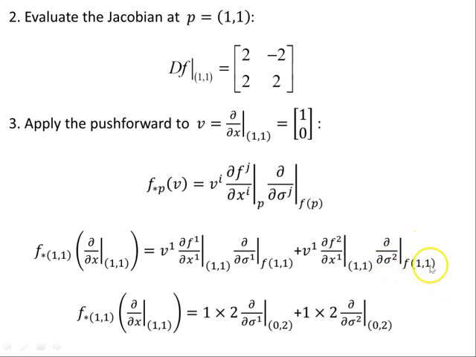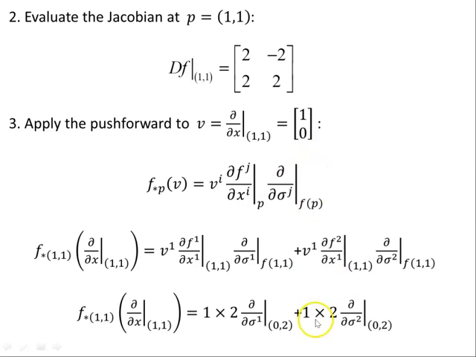2, evaluated at f of 1, 1. So we get f star of 1, 1 is equal to v1, which is 1 up here. You can see 1 times this is 2, that's this one here, so 1 times 2, and then expand that in the basis partial sigma 1 at 0, 2, since f of 1, 1 is 0, 2. And then here v1 is 1, remember v2 is 0, so it's not going to appear in these calculations.